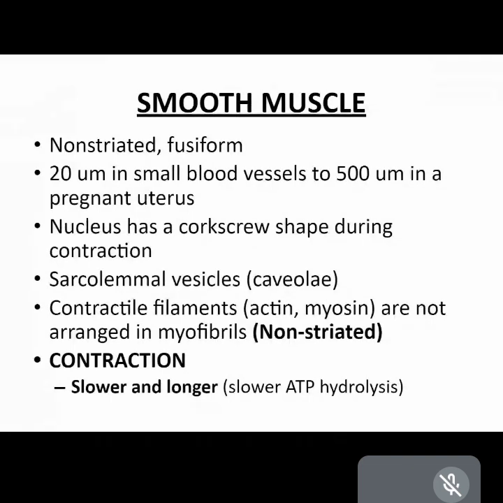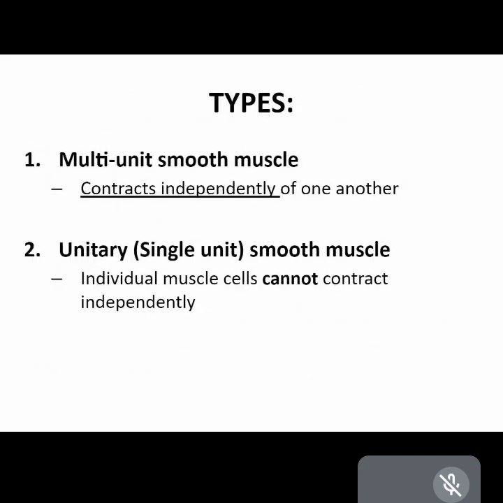The contraction is slower and longer, thus there is slower ATP hydrolysis. There are two types: the multi-unit, which contracts independently of one another, and the unitary, single-unit smooth muscle, which cannot contract independently.